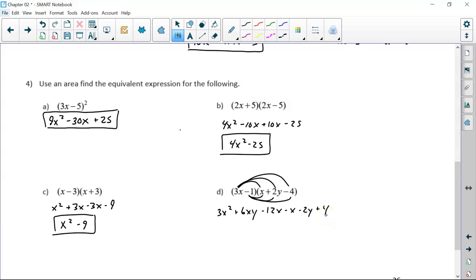So when we combine, we get 3x² - 13x + 6xy - 2y + 4. There's our equivalent expression. It's ugly, but that is our answer. Let's continue on with some more of these on the next page.